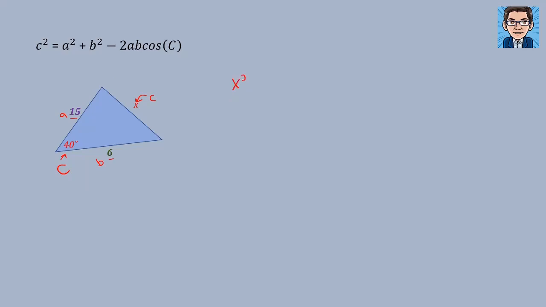C is our unknown, so x squared equals a squared plus b squared minus 2ab cosine of the angle c. All we did here was take all the values and put them in there, and now we just have to evaluate for x.